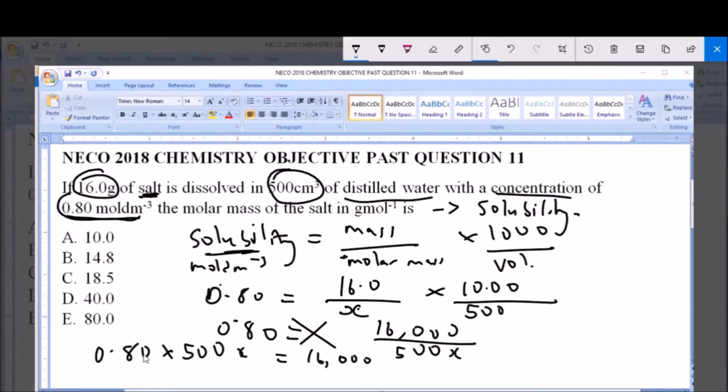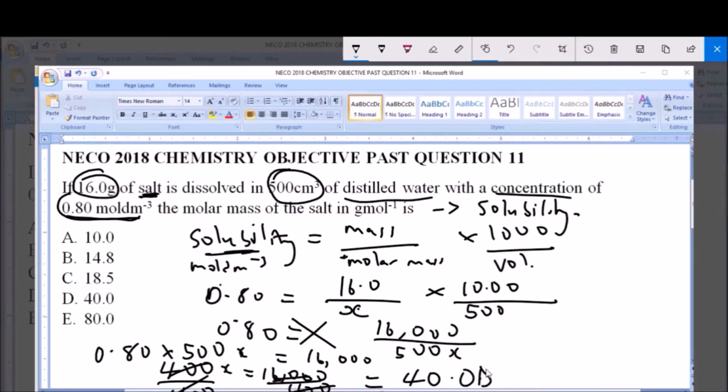Now 0.80 times 500x is 400x, equal to 16,000. Now divide both sides by 400, and x equals 16,000 divided by 400, which is equal to 40.0.